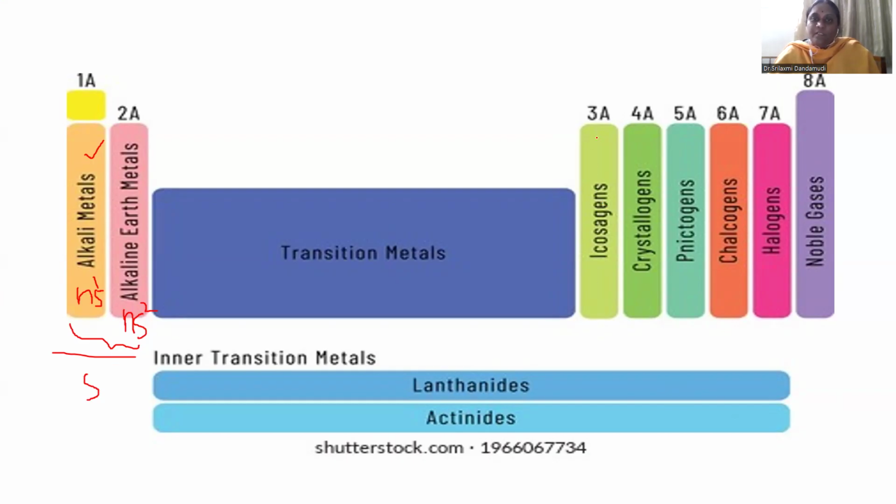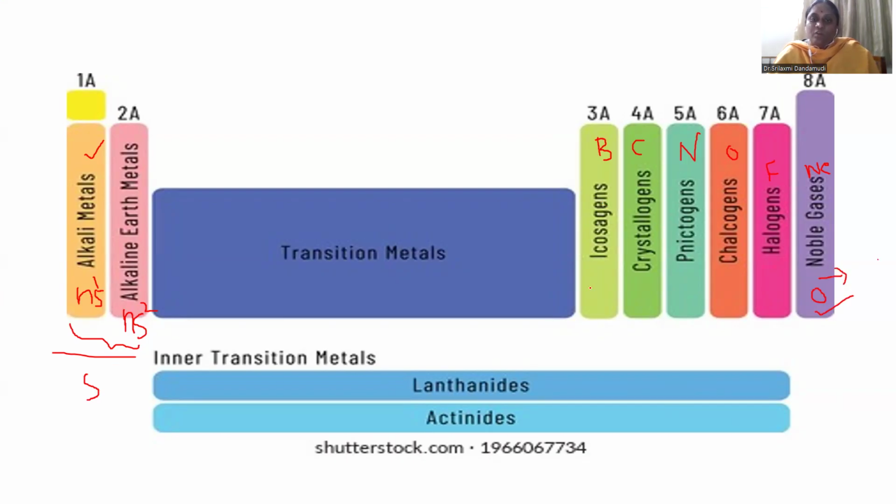This is the third group: boron, carbon, nitrogen, oxygen, fluorine, and neon. This is the zero group, and it is the inert group. These are very less reactive.